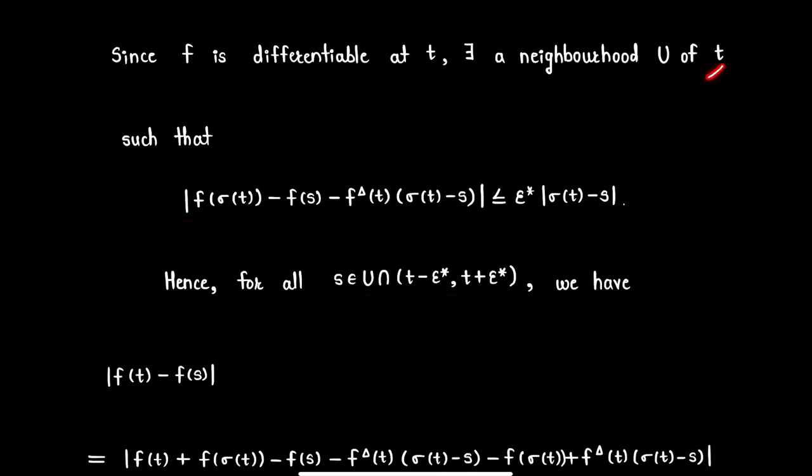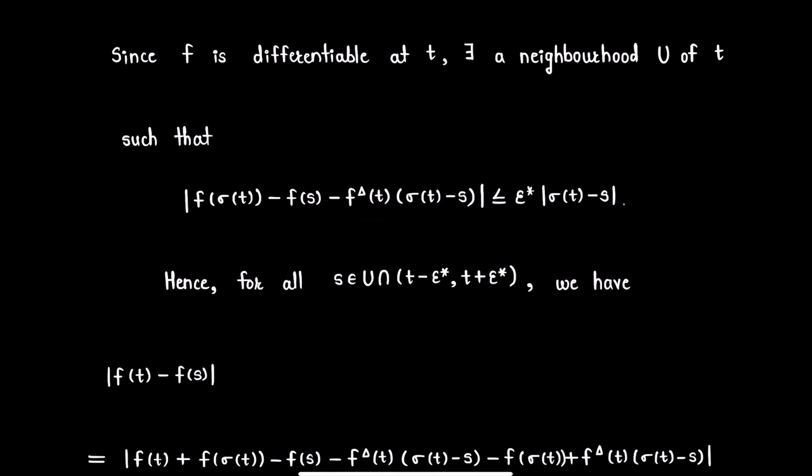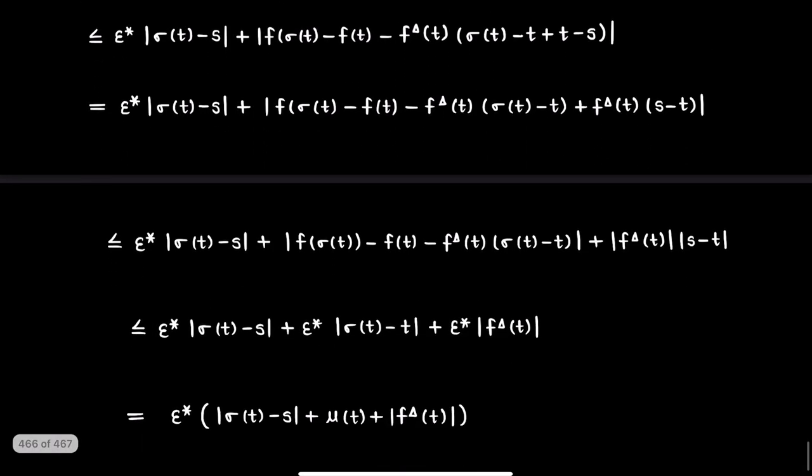Since t is in this neighborhood and t is in this interval, t will be in their intersection. So in particular, if we consider s equal to t, this is also true. So replacing s with t, we get this is less than or equal to epsilon star multiplied by sigma t minus t. So we have used that fact here.